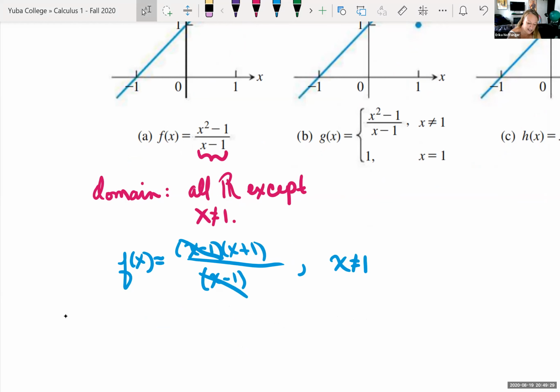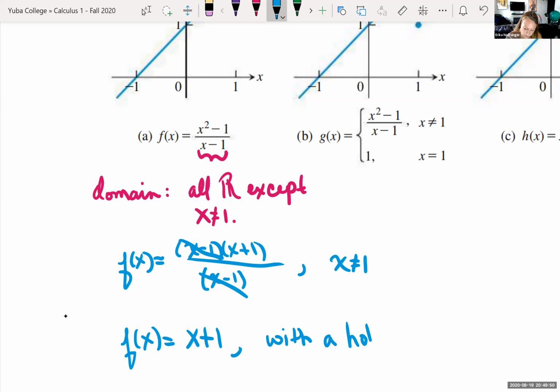This is basically saying my graph of f of x equals x squared minus 1 all over x minus 1 looks like the same graph as x plus 1, but there's a hole at x is 1, y is 2. So that's why we get this graph right here.